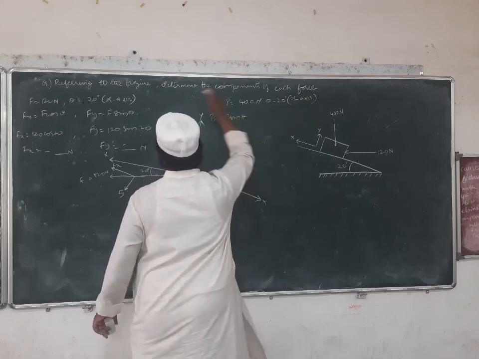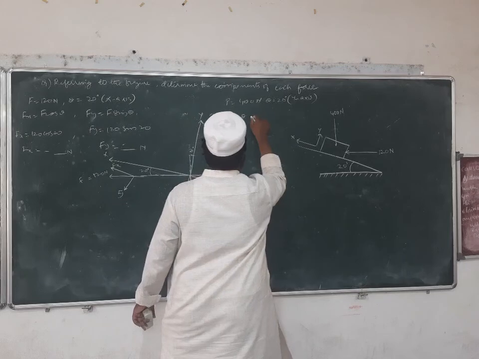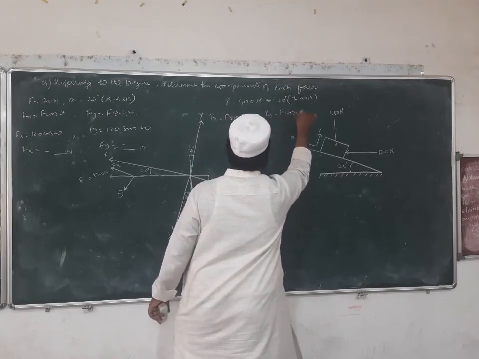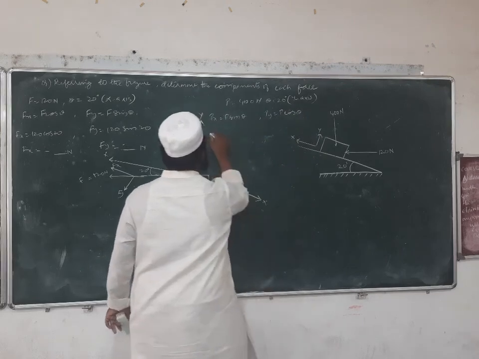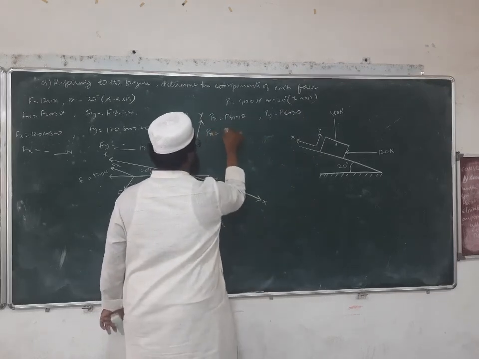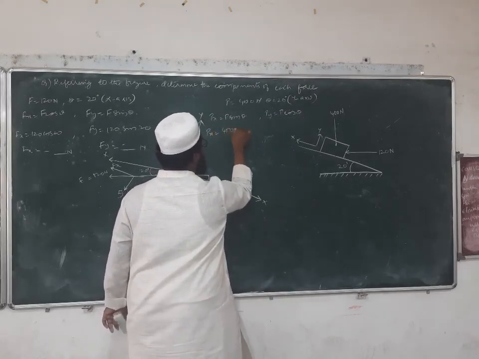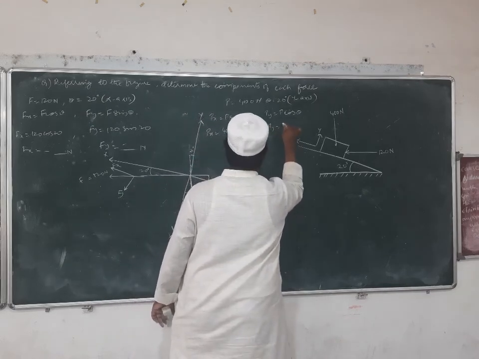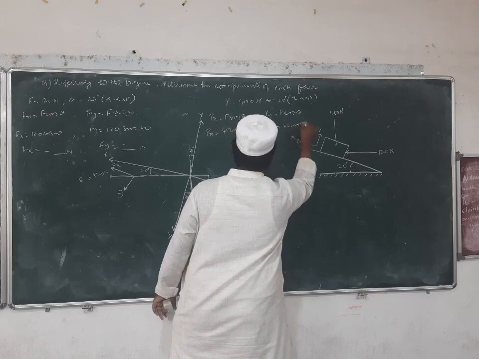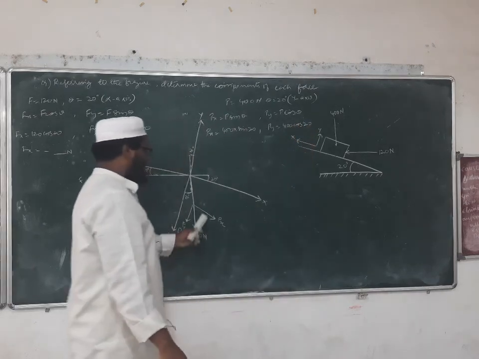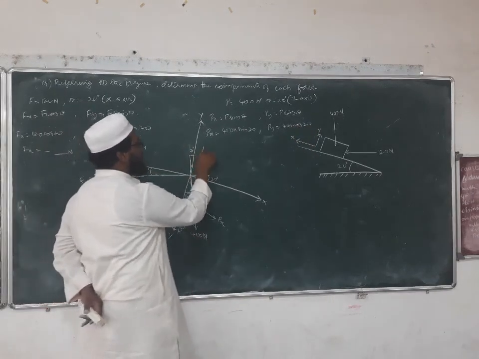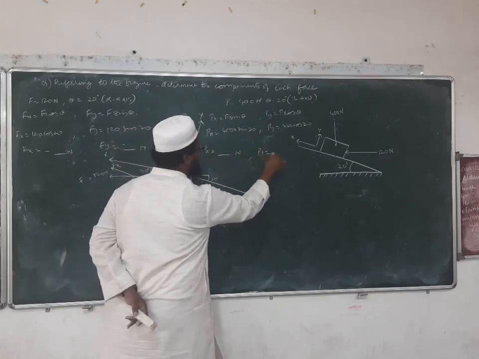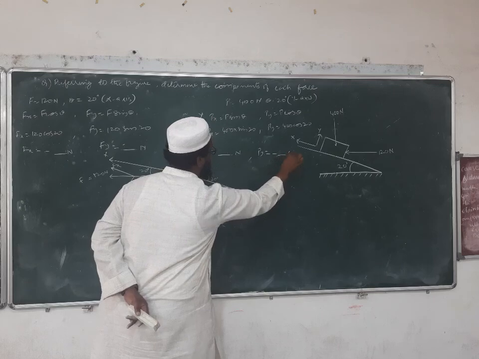Why? Because here it is the y axis, here it is the x axis. P sin theta and Py is equal to P cos theta. Px is equal to 400 into sin 20 and Py is equal to 400 into cos 20. Since it is in the fourth quadrant, Px will be a positive value and Py will be a negative value.